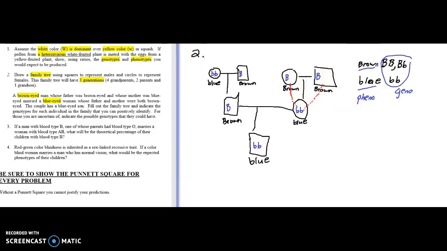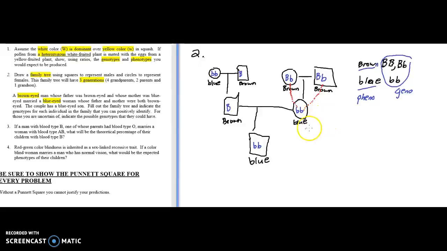So even though both of those parents are brown-eyed, we can pretty confidently say they're carriers for that little b allele. Now, you cannot have a blue-eyed child from those two unless they carry it. Keep that in mind. Half of your DNA comes from each parent. They may not express the same physical trait as you, but if you inherited it, it came from mom and dad.